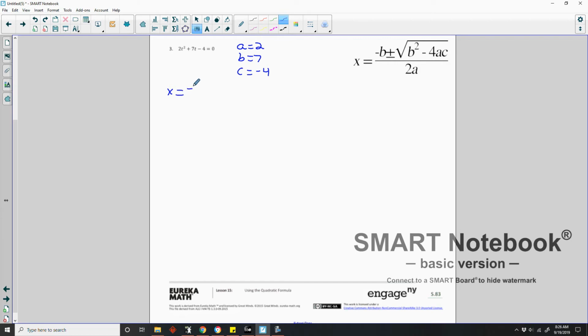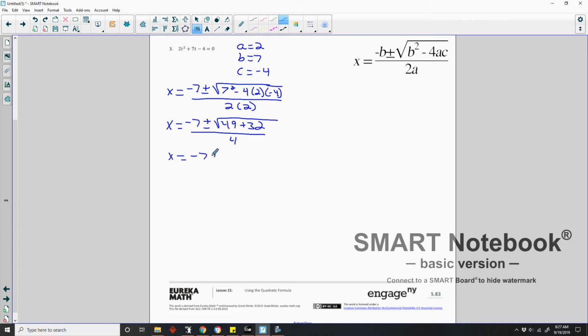Substitute in the givens: x equals negative b plus or minus the square root of b squared minus 4ac, all over 2a. Simplify. Negative 7 plus or minus the square root of 49 minus, negative times negative will give me plus, 4 times 2 is 8 times 4 is 32, all over 4.